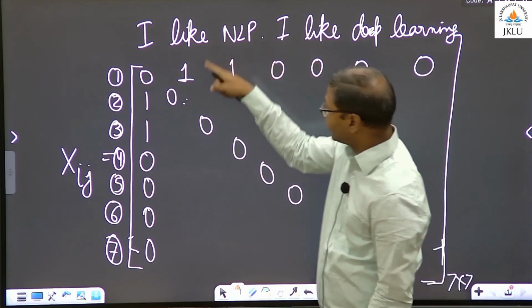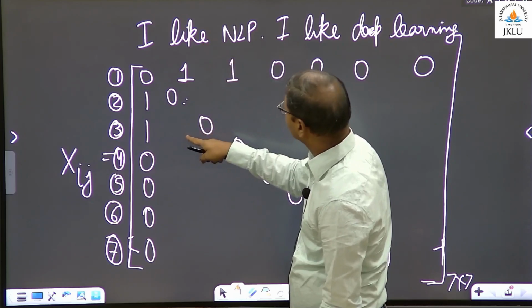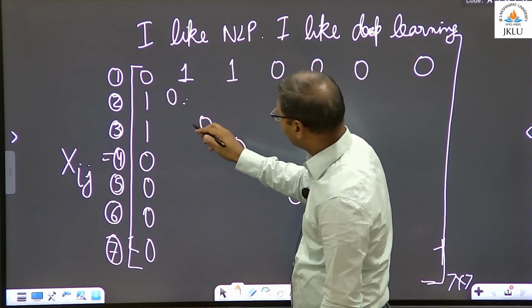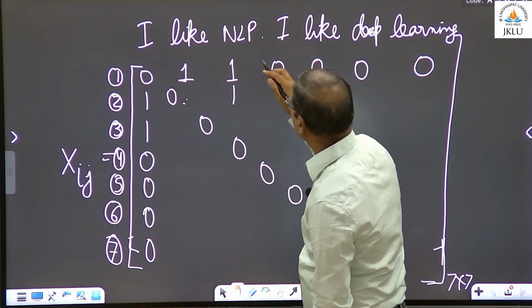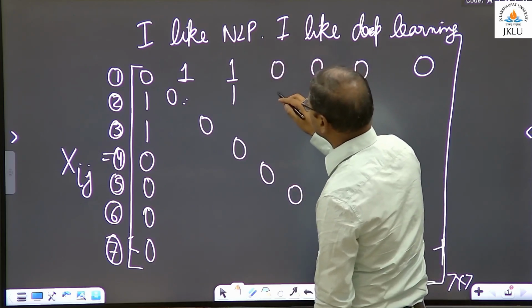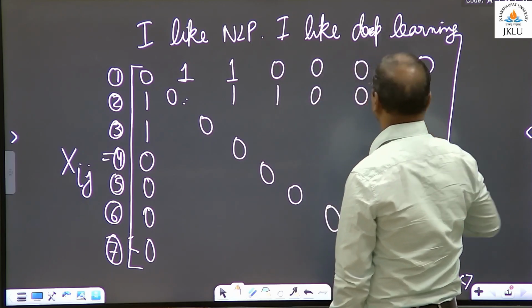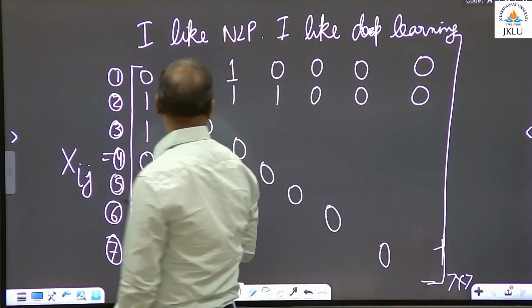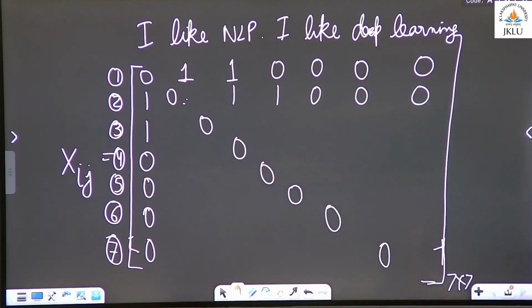Like in the context of like, no. Like in the context of NLP, will I have one here? Yes. Like in the context of I? Yes. And so on? No, I am making some mistake here.